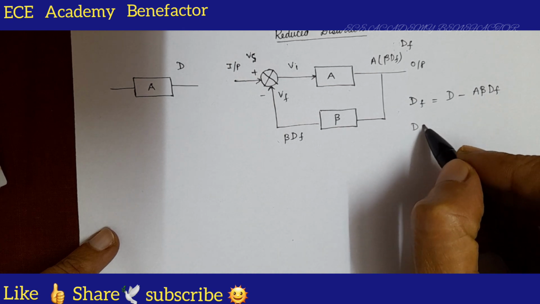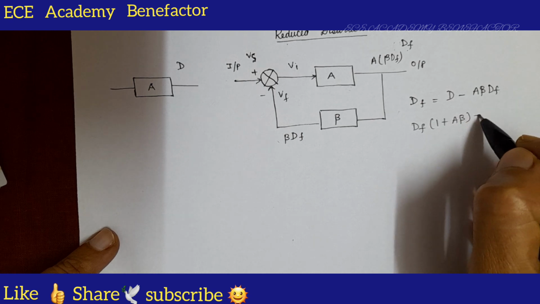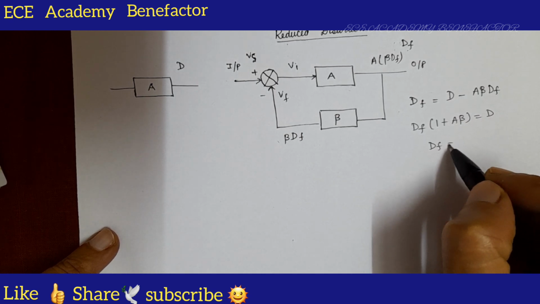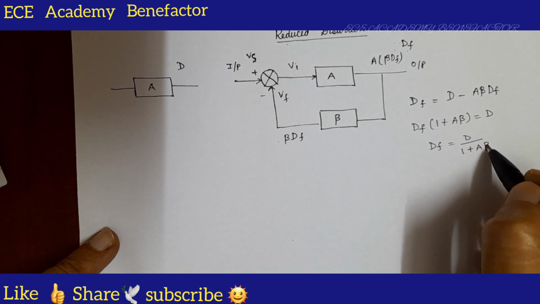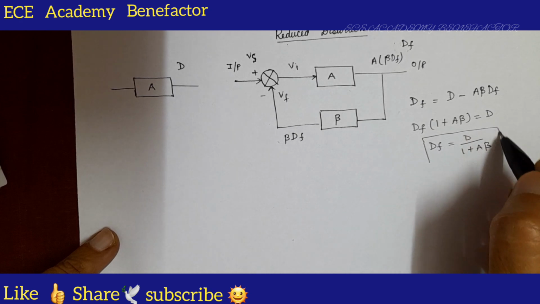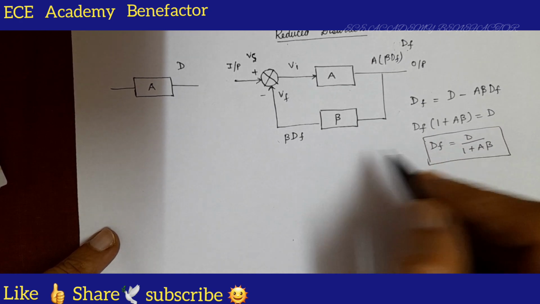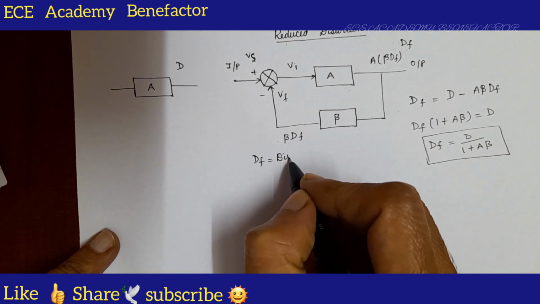So take the Df term common: Df times 1 plus A beta is equal to D. So how much is Df now? Df is equal to D by 1 plus A beta. So what happened now? This Df is the distortion with feedback.